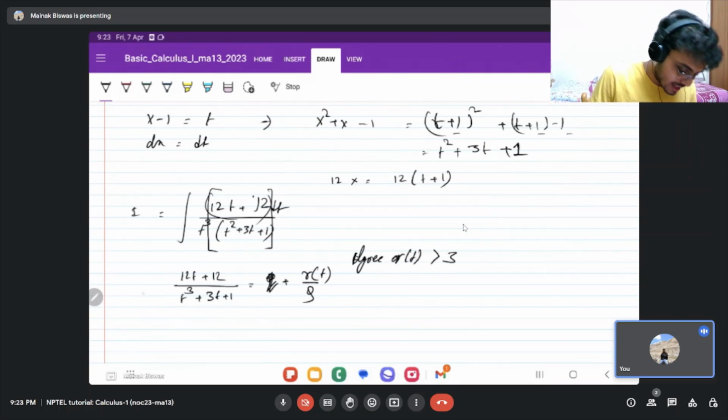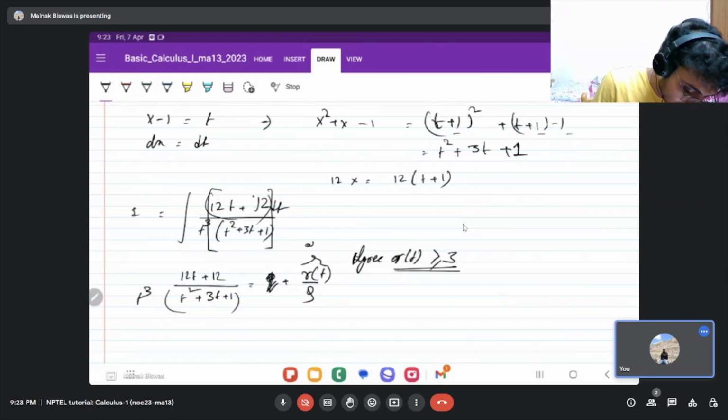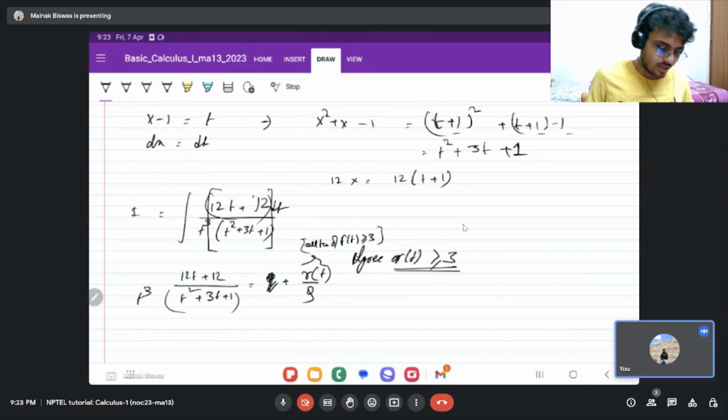Why? Because I have a t cube attached to the denominator. Since I have a t cube attached to the denominator, if I have an r degree greater than or equal to 3, I will cancel off more or less all terms of r(t) greater than or equal to 3. Let's see what we can do.